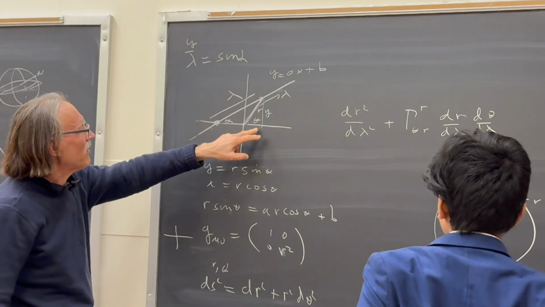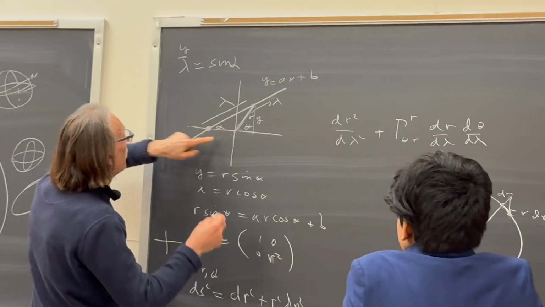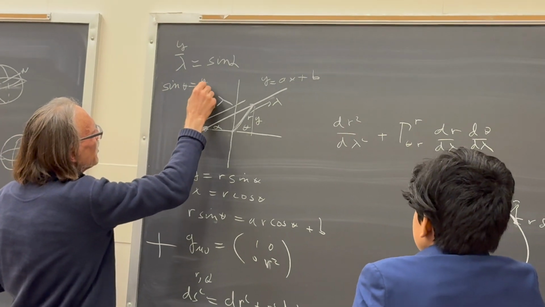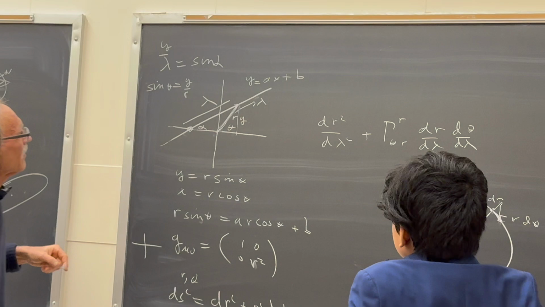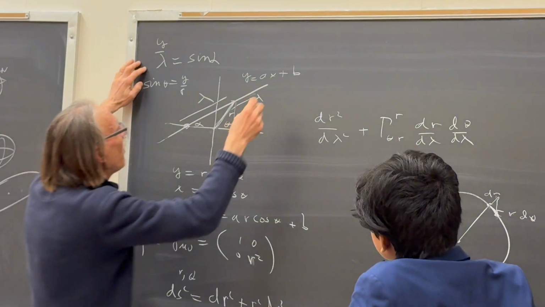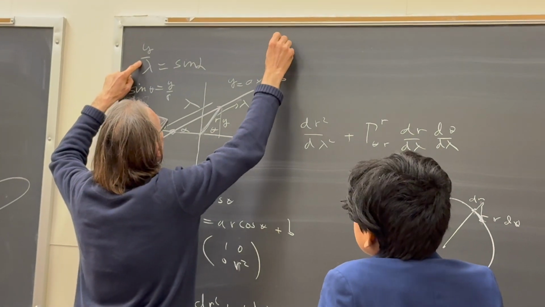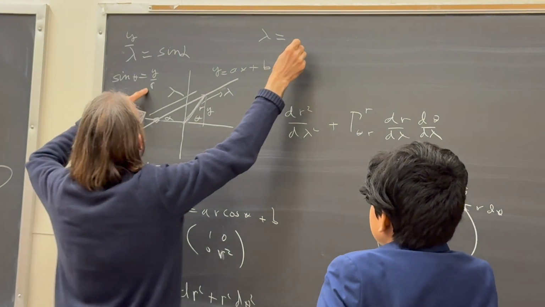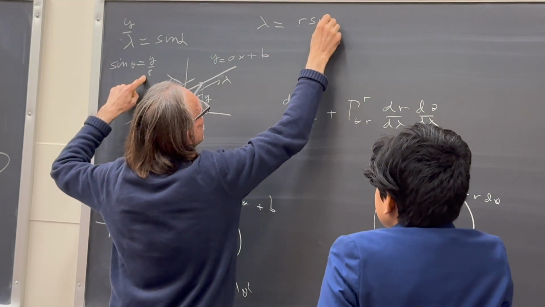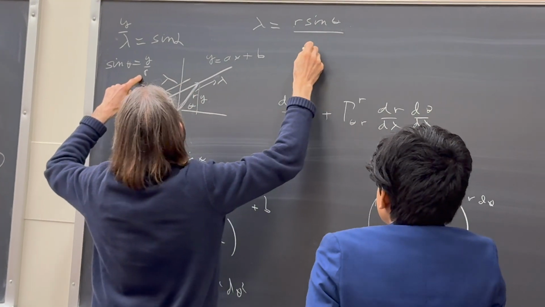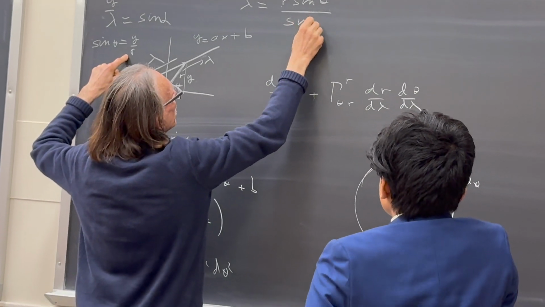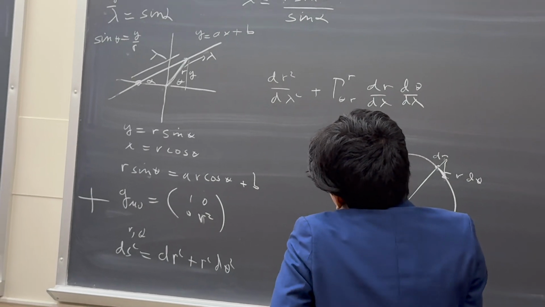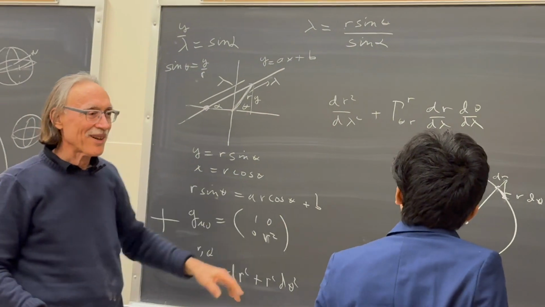And we also know that the sine of theta is equal to y divided by r. So we can eliminate y. So lambda is equal to y, and y is r sine theta divided by sine alpha. So this would be an equation for lambda. So this would be our parameter lambda.